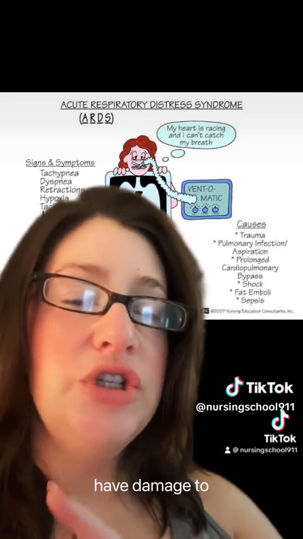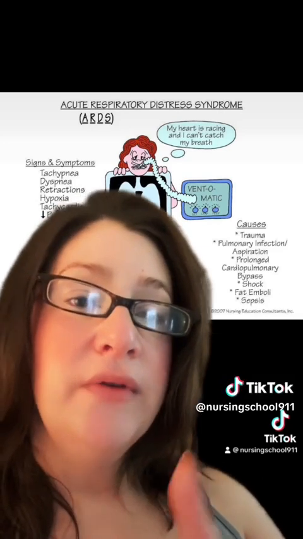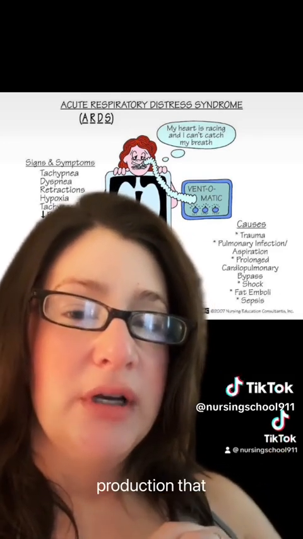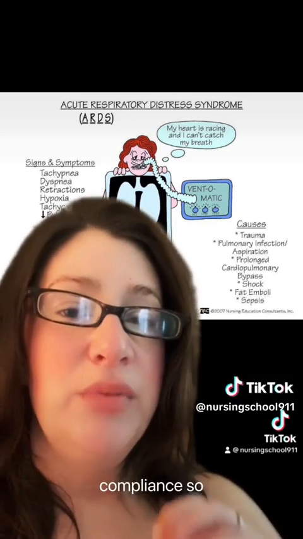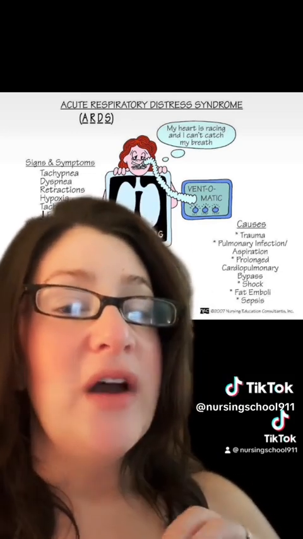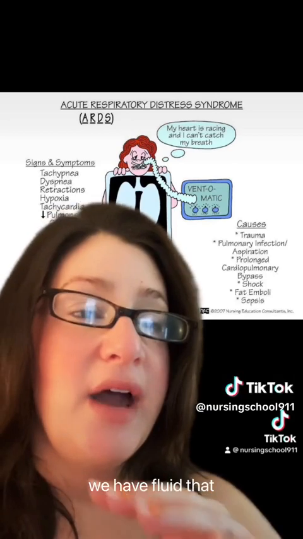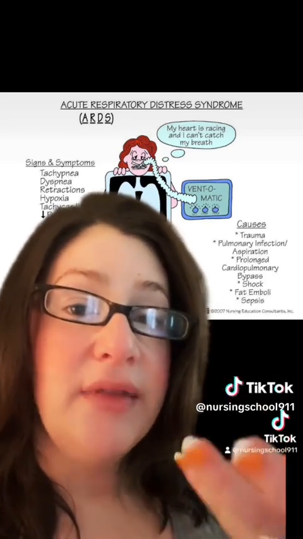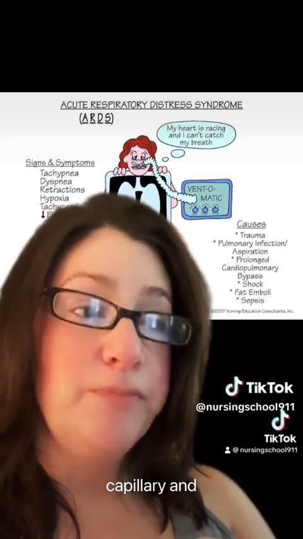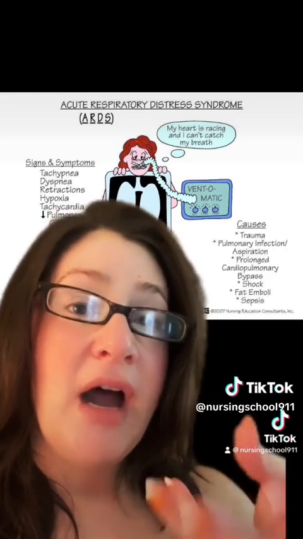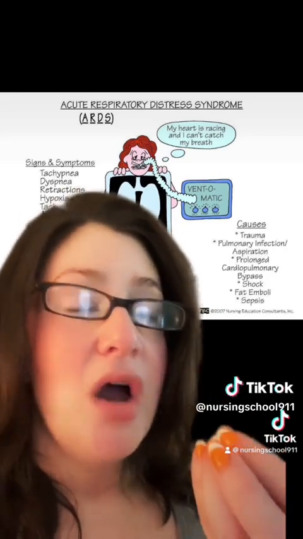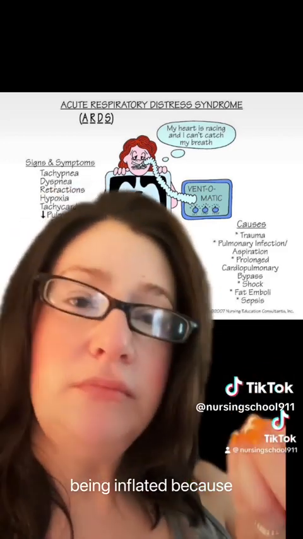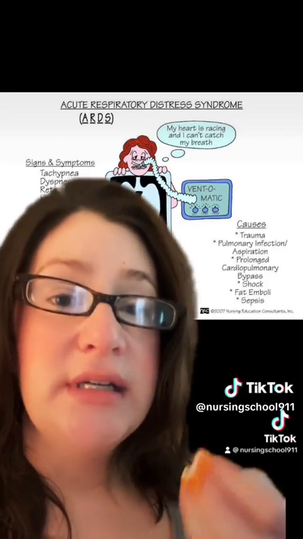We have damage to the type 2 alveolar cells, which decreases surfactant production. That decreases lung compliance. So now we have pulmonary edema. So we have fluid that has leaked, now kind of separating the alveoli from the capillary. And we also have alveoli that are less compliant or less receptive to being inflated because of the decreased compliance.